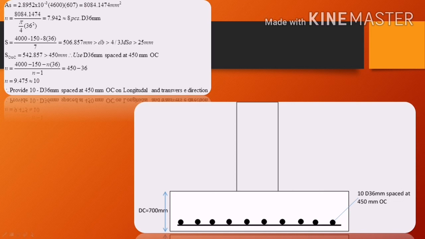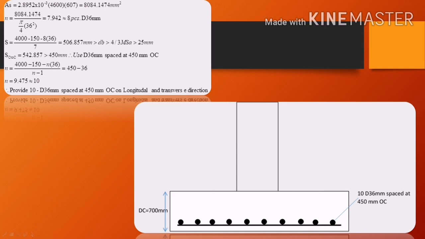The spacing required would be equal to 506.857, which is greater than db for third MSA and 25 millimeters. The center-to-center spacing would now be equal to 542.857, which would be greater than 450 millimeters.